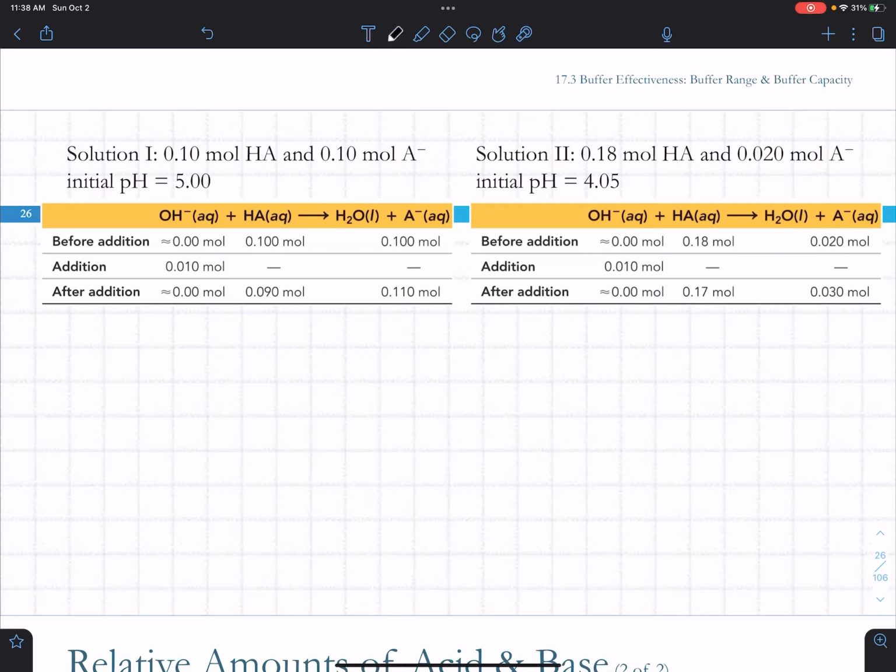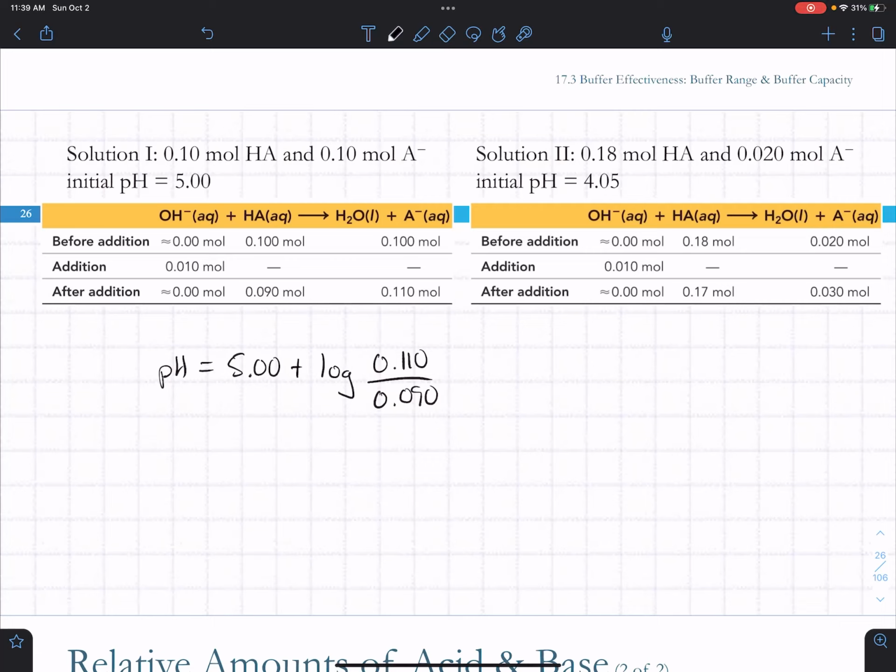Yeah, stay there. Okay, so when we do this, our solution 1 here has a pH of 5, and so we're going to be adding this hydroxide that's going to reduce our acid and increase our base, and so we can calculate the pH as the pKa, which is 5, plus the log of the base over the acid, so 0.110 over 0.090. So 5 plus the log of 0.110 divided by 0.09.